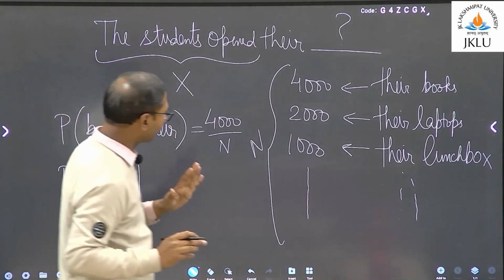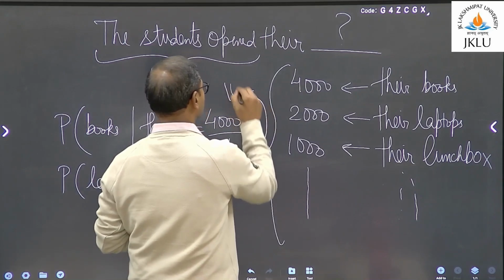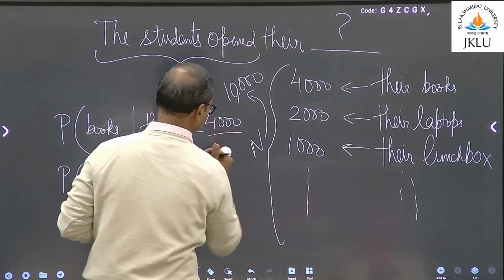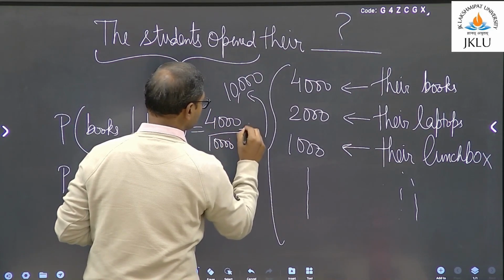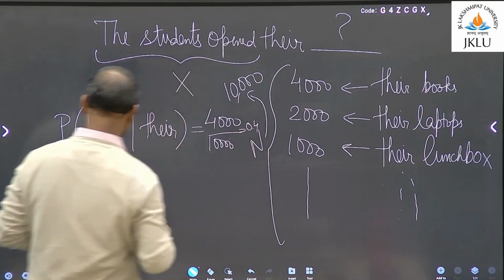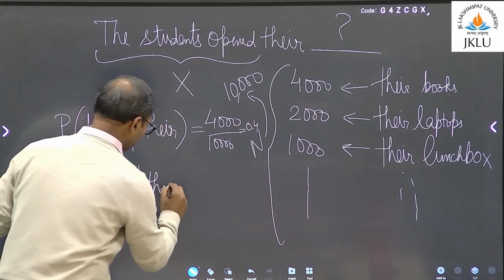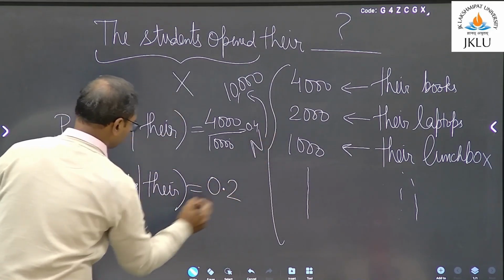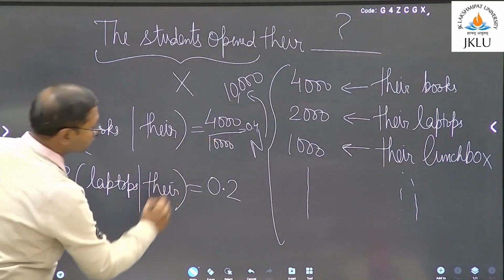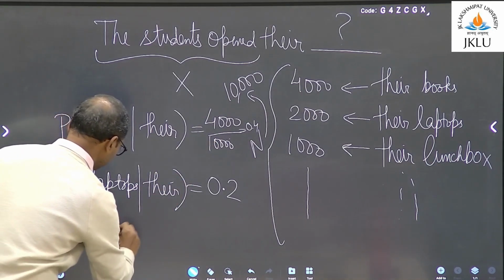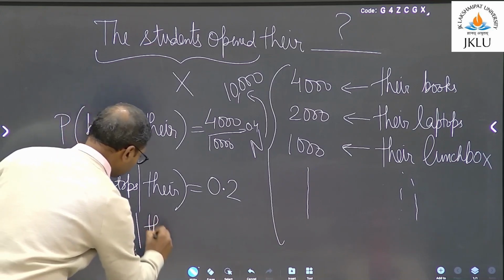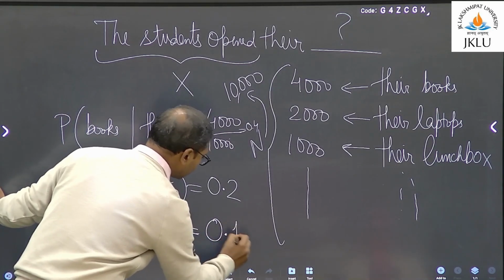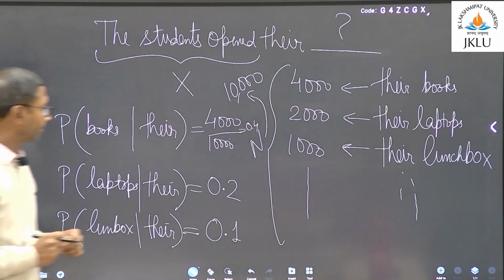So, let us simplify our life, let us keep N equal to 10,000. So, N equal to 10,000, so this becomes 4000 by 10,000 which is 0.4. Laptops, what is the probability? 0.2. Probability of lunch boxes is what? 0.1 and so on. What do I do next?